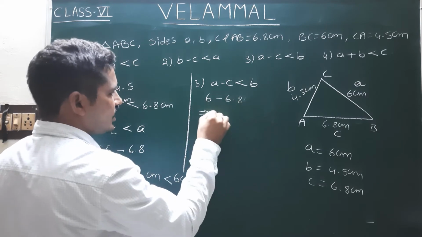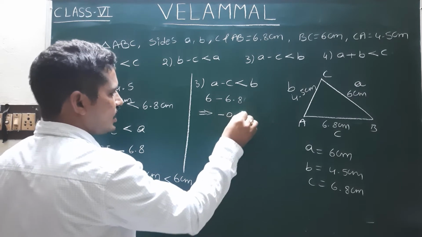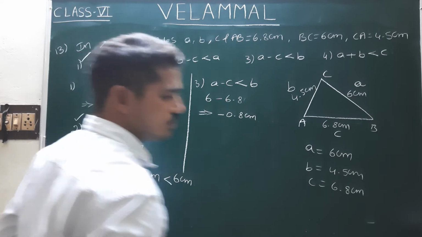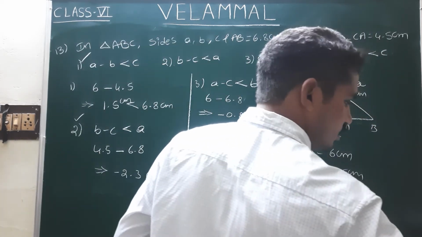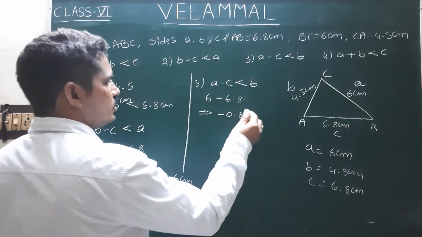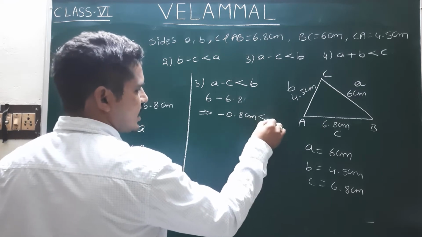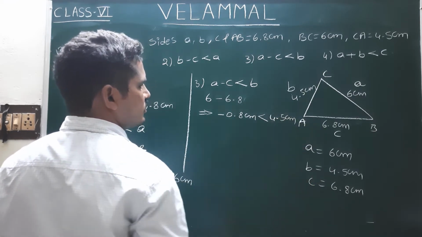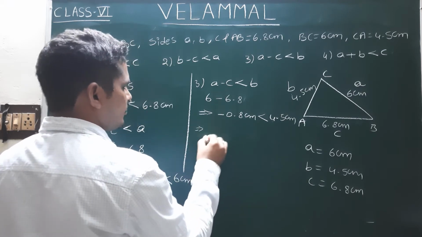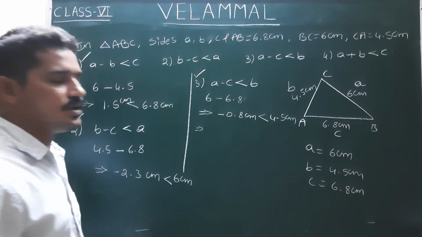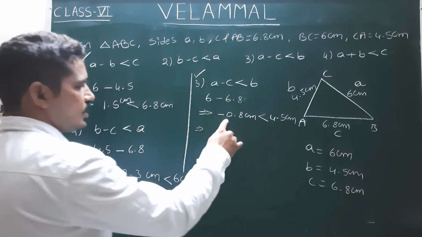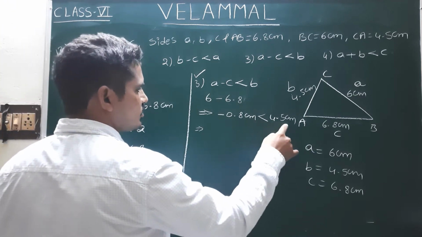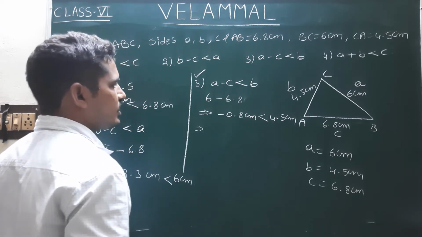We get minus 0.8 centimeter. By that, it is less than 4.5, so we can say the third option is also correct. Minus 0.8 is less than 4.5, so it is also correct.